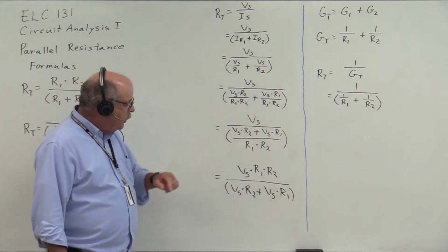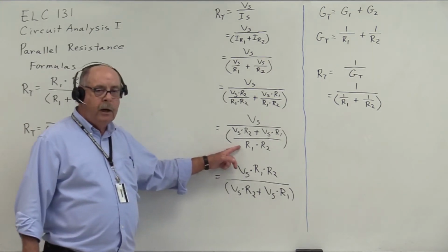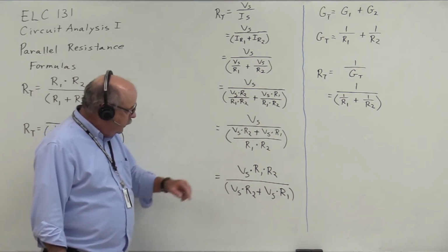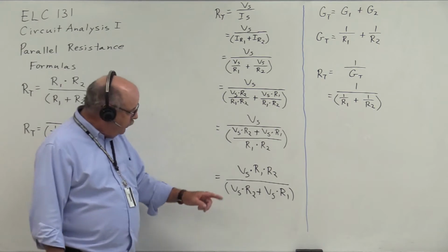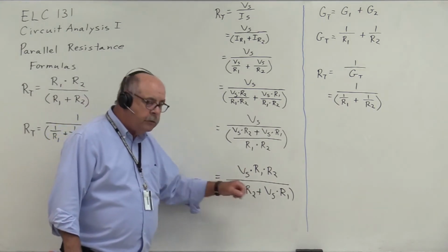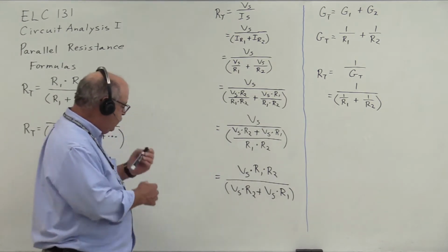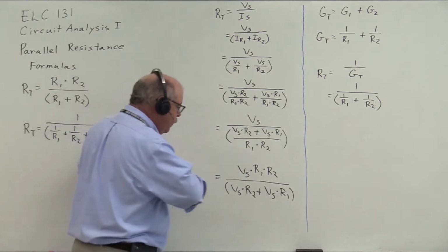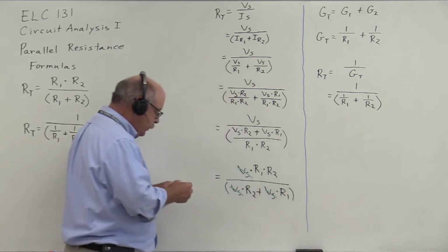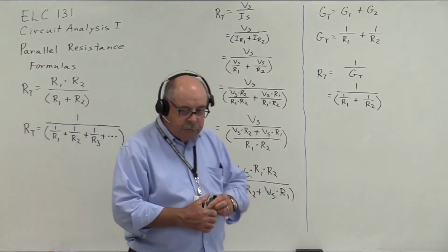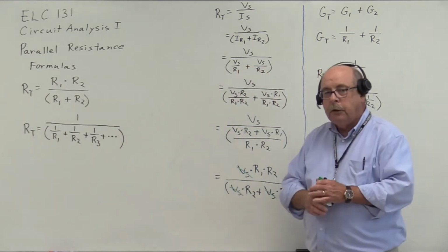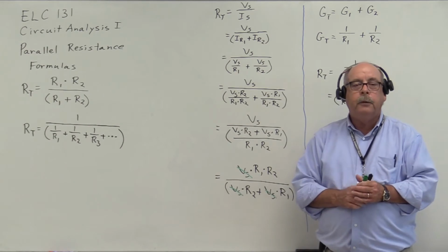The R1 times R2 will cancel in the denominator of the fraction, yet be in the top of the fraction. And you note with this expression that Vs is common to all terms, so Vs will cancel from all these terms, leaving us with RT equals R1 times R2 divided by R1 plus R2.